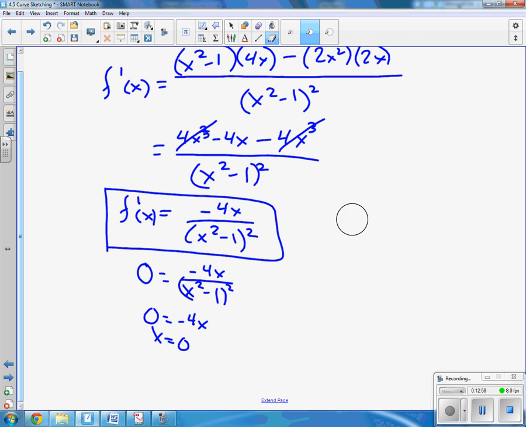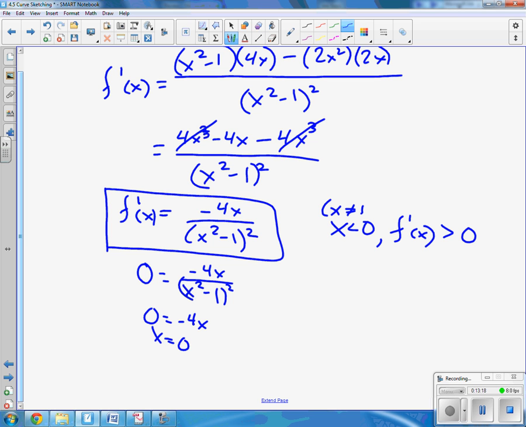So when x is less than 0, when x is a negative number, f prime of x is going to produce positive over a positive, so it's going to be greater than 0. Okay, the only exception is at negative 1. So we're saying x is not going to equal negative 1 because it doesn't actually exist there. Okay, if I look at it the other way, x is now greater than 0, positive numbers.